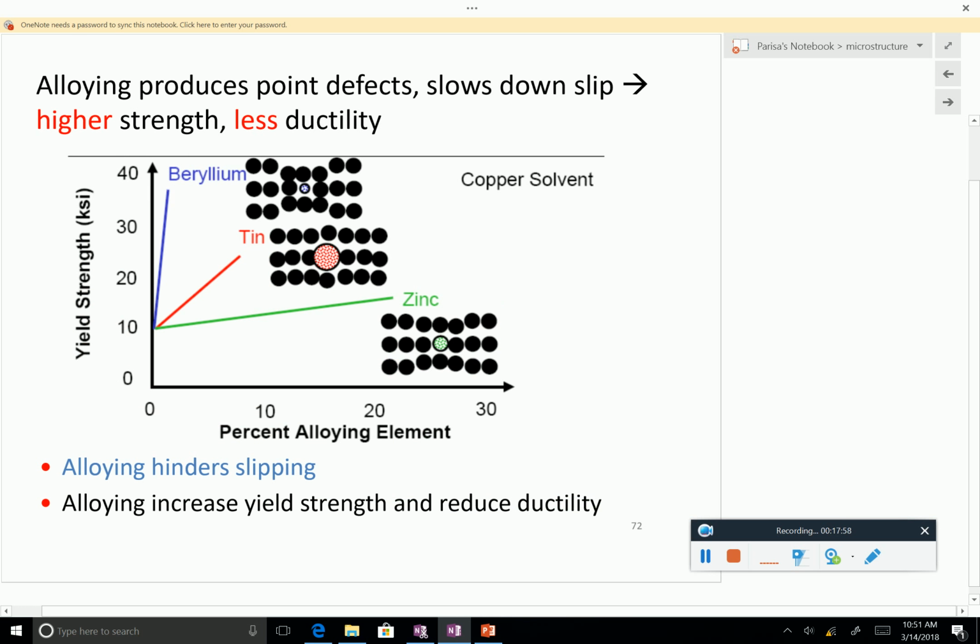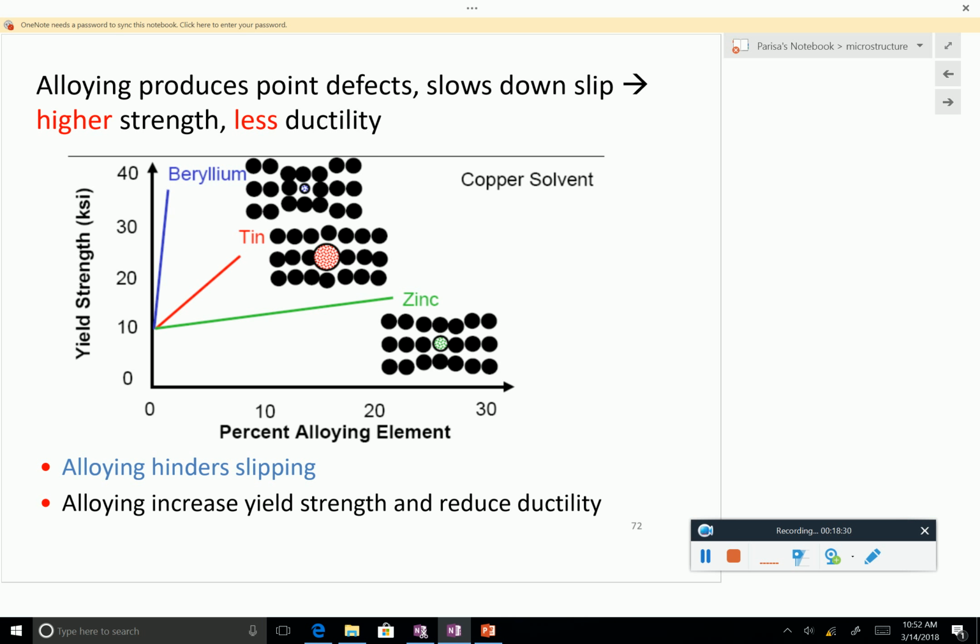Anyway, just so that you remember, when you make alloys, this is in the microstructure. You have heard the word alloy, adding other atoms to your crystalline structure. In microstructure, it is pretty much like adding some other foreign atoms inside your crystalline structure. Now, depending on the atom, this could be of the same size, or smaller, or of comparable size.